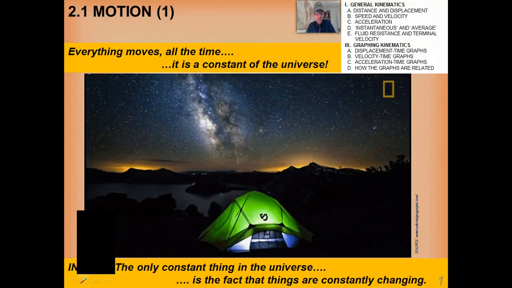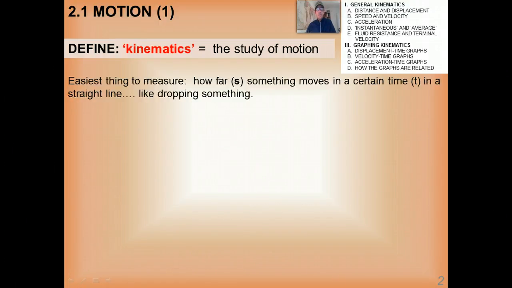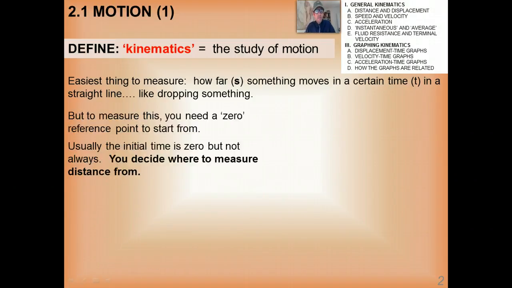Okay? All right. So the first thing I want to do is formally define kinematics for you. Kinematics is simply the study of motion. And if you think about the easiest thing to measure, it's probably how far something moves in a certain time, a distance, like, for example, dropping something. Now, to measure how far something drops, you need a zero reference point to start from.